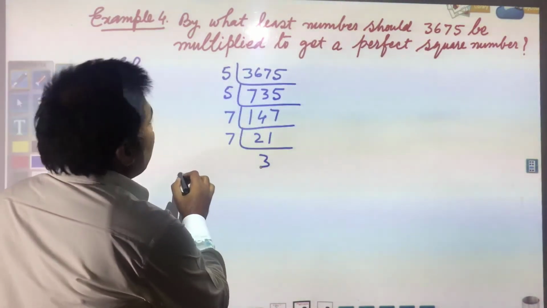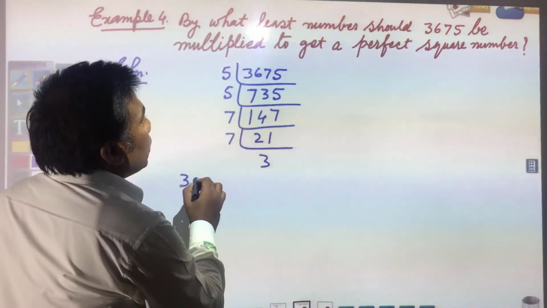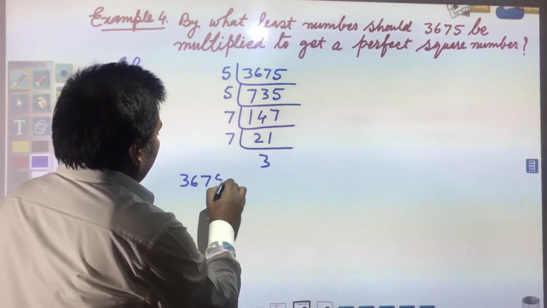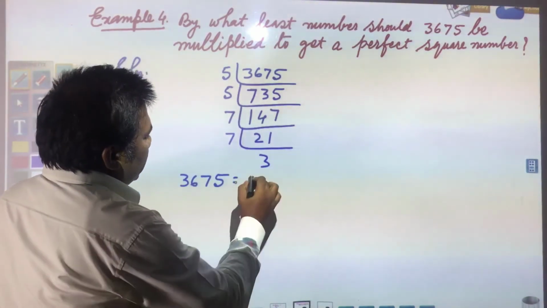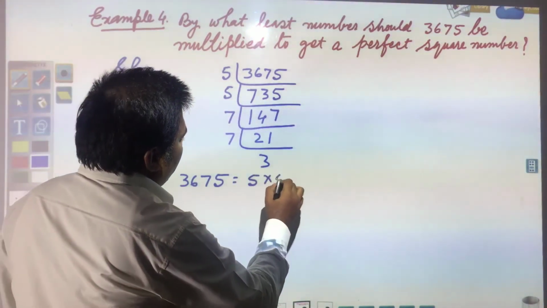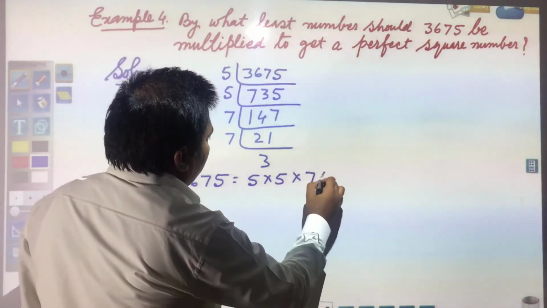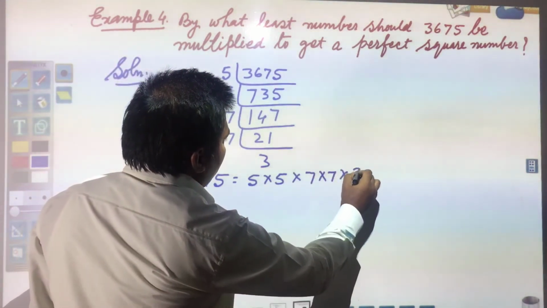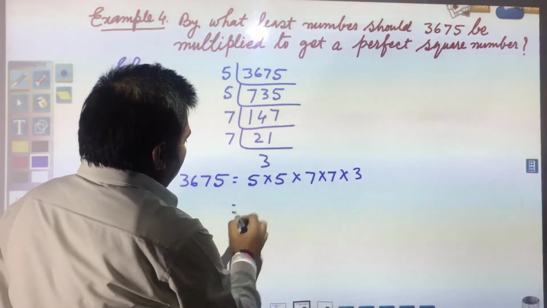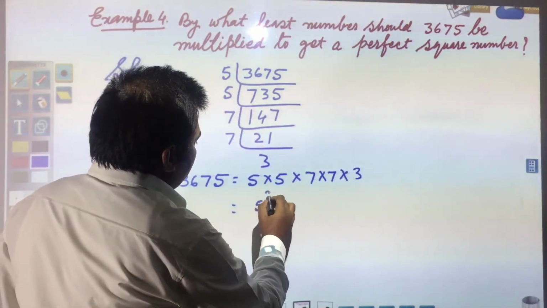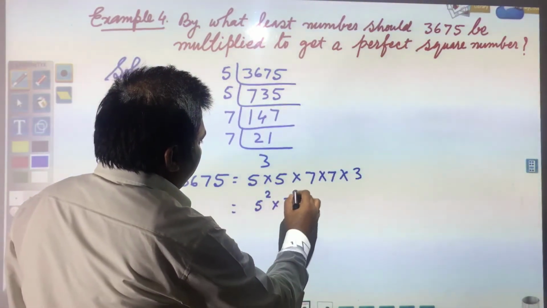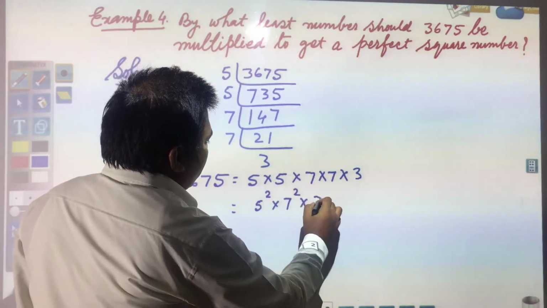So 3675 can be expressed as 5 into 5 into 7 into 7 into 3, or it can be written as 5 square into 7 square into 3.